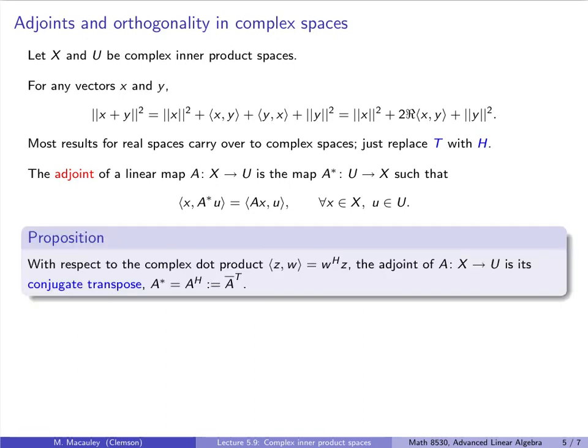It should come as no surprise that with respect to the complex dot product that we defined earlier, the adjoint of A is its conjugate transpose, that is in matrix form. Now let's just write down why that's true.